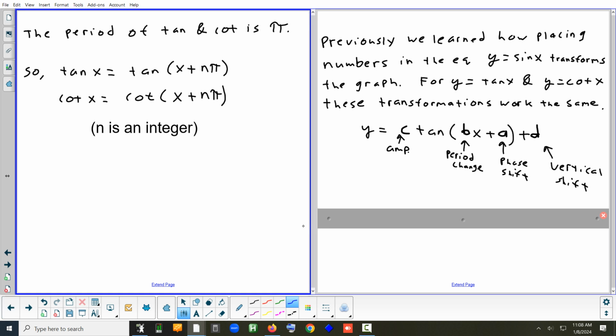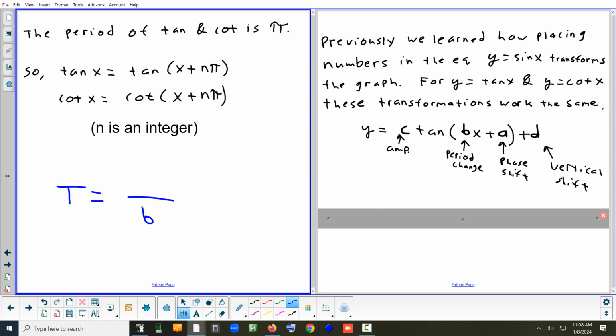Now, we had a formula to find the period of sine and cosine. It was T equals something. Anybody remember what the formula was to find the period for sine and cosine? Yep. Something over B. B is the only letter that can affect the period.